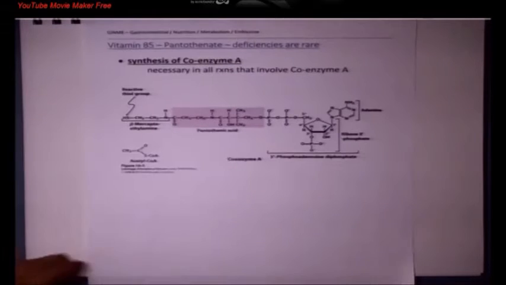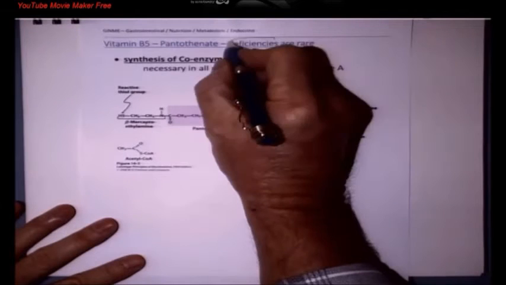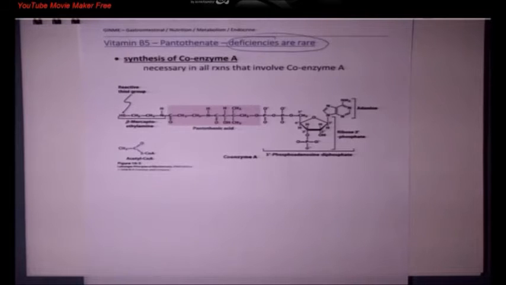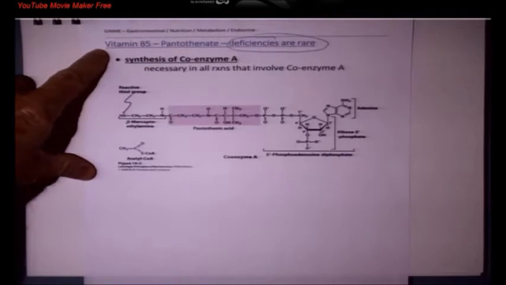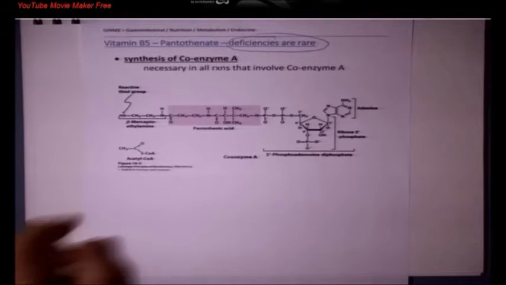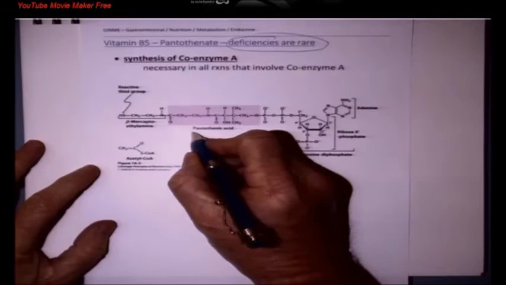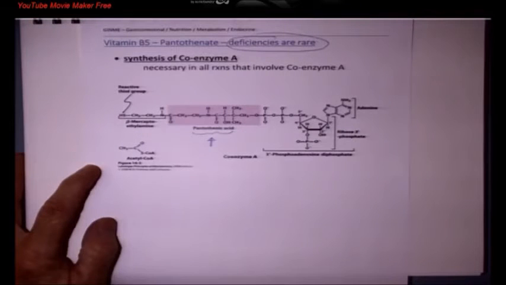So B5. Again, this is another one, like B2. Deficiencies are rare. So nothing you probably ever have to think about or worry about. But vitamin B5 is pantothenate. And pantothenate is necessary for coenzyme A synthesis. This middle portion of the coenzyme A molecule is pantothenic acid.